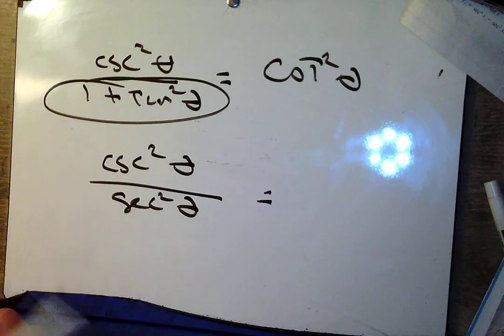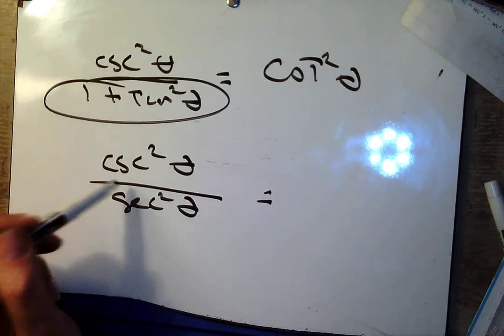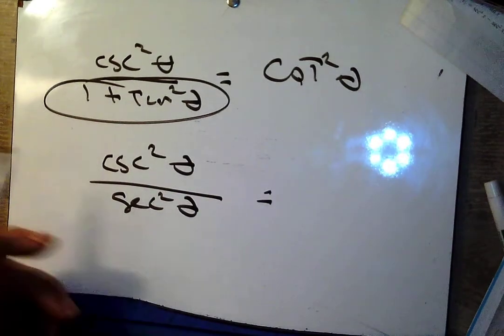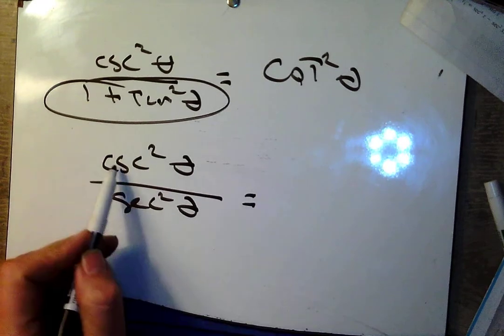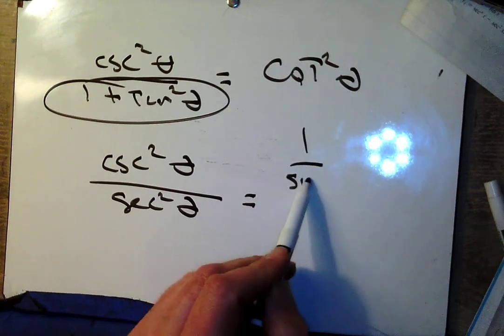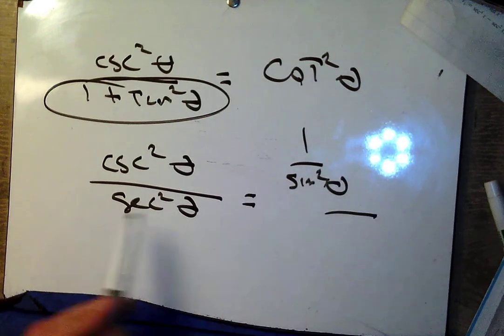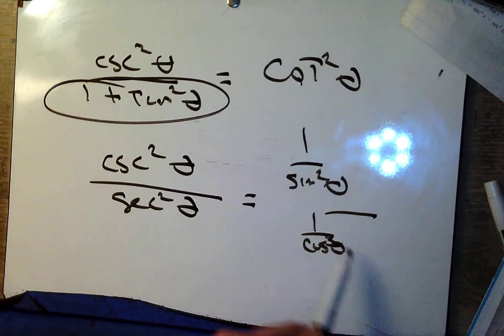Cool. Now what? Well, you know, there is a bridge from here to here that some people see, but most people have to actually turn cosecant squared into 1 over sine squared. And they turn secant squared into 1 over cosine squared.